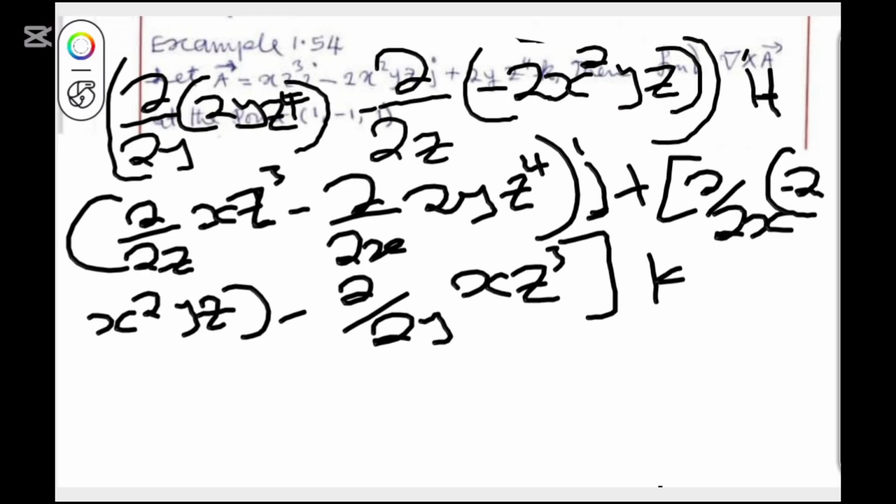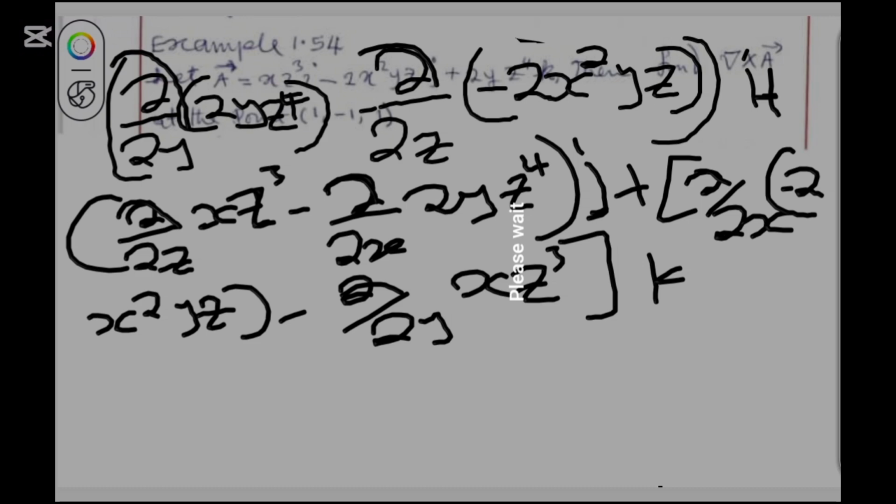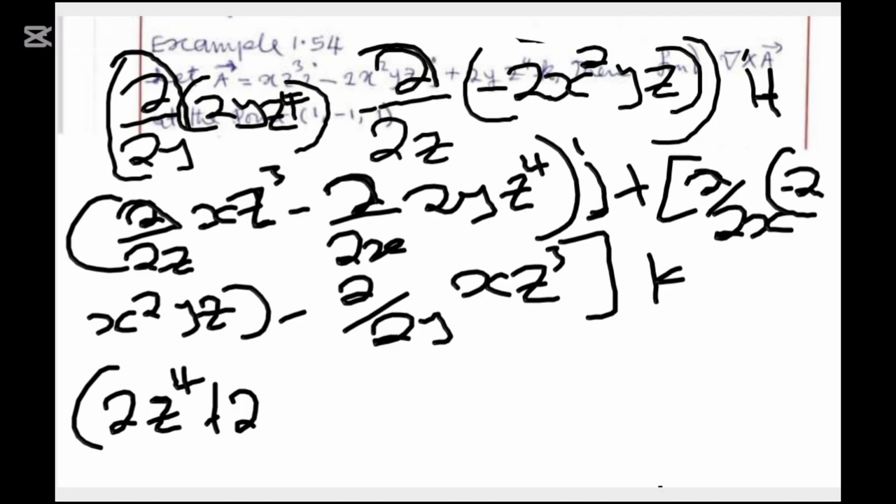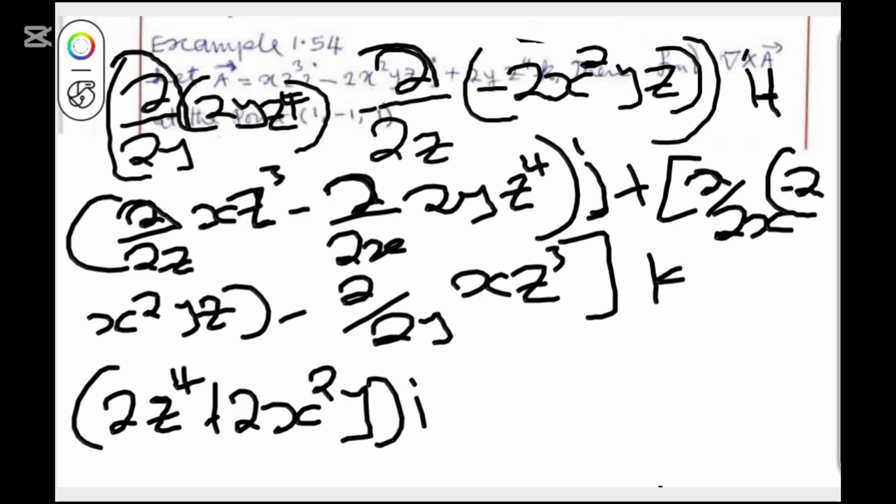The next thing you have to notice is that for this d by the partial of y, you have to differentiate each one: d by dy, d by dz, d by dz, d by dx, d by dx, d by dy. You have to differentiate each part with respect to what you are given. After doing that, at the end I'll have 2z to the power 4 plus 2x squared y, which is for i, plus 3x squared z for j.